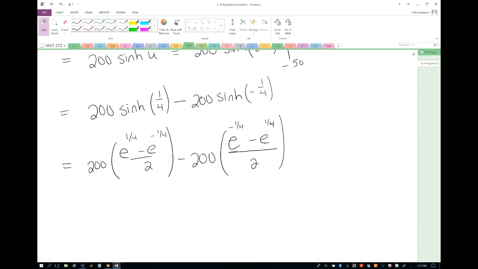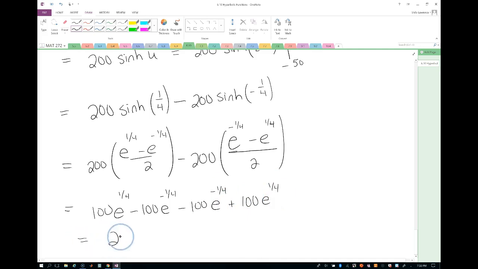We want to see a lot of stuff that's going to cancel here. So 200 divided by 2 is 100, and we can distribute it. And if we distribute here and divide, we get minus 100 e to the negative 1/4 plus 100 e to the 1/4.